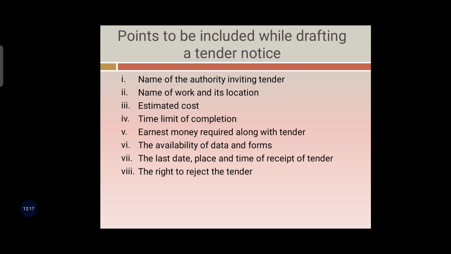Okay, the advertisement should be comprehensive and accurate. From the legal point of view, it is advisable to include a copy of the advertisement as a part of the tender document. That is why the authorities have the right to reject the tender.